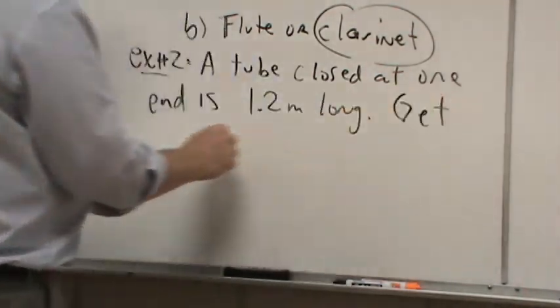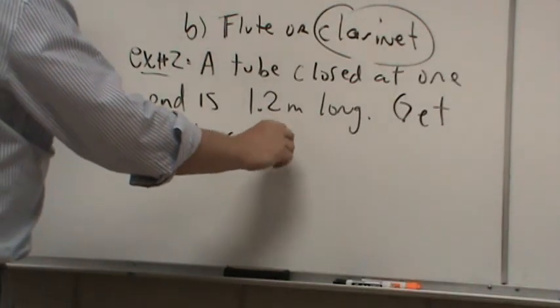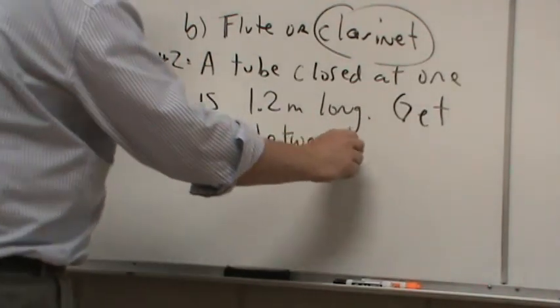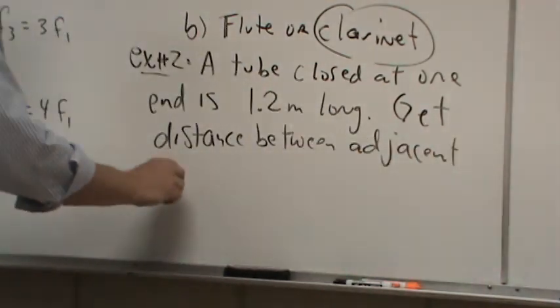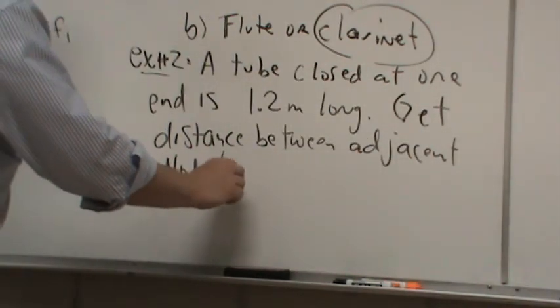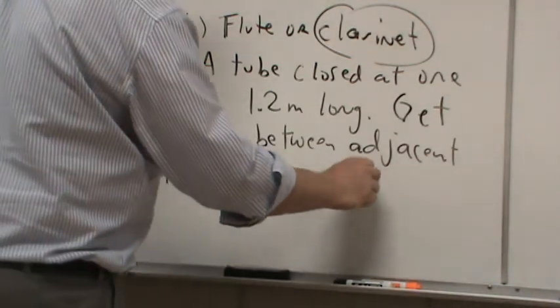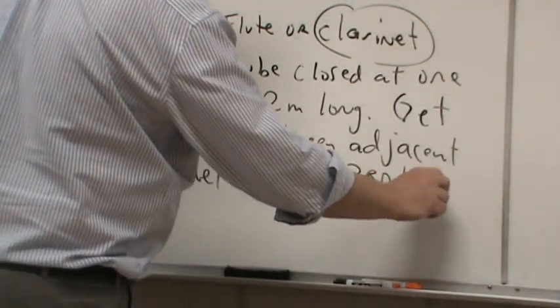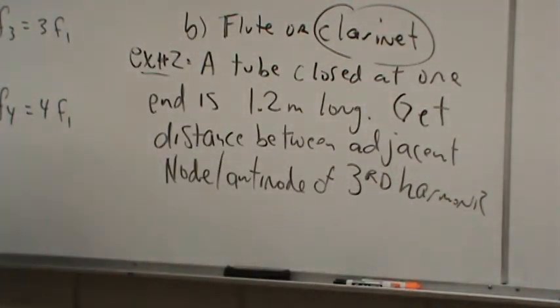Get the distance between adjacent node and antinode of the third harmonic. I'll give you 60 seconds. What's the distance between adjacent node and antinode of the third harmonic?